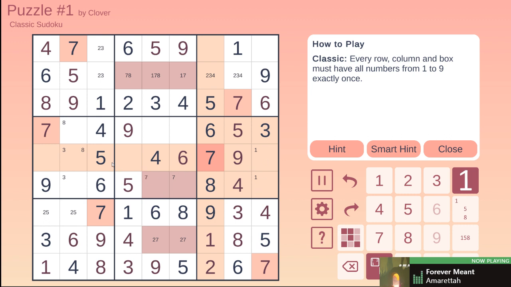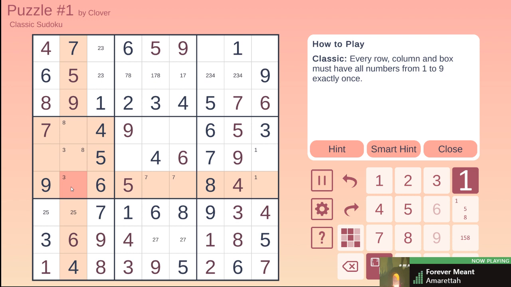One of these is a 1. That's a 2, 3. That's 2, 3, 4. What goes here? 2, 3, 5, 8. Can't be a 5, obviously, so this is a 5.